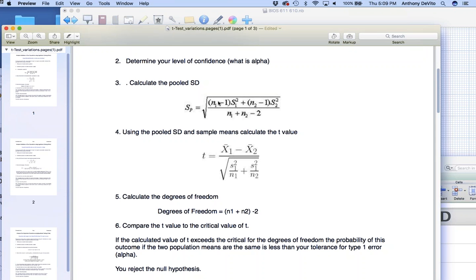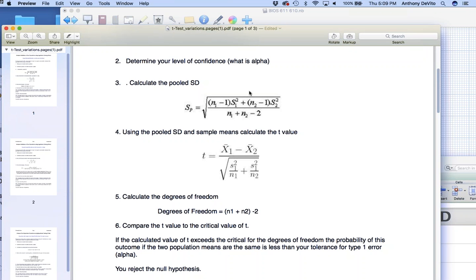We add them together and divide by the sum of the two sample sizes, 77 and 161, which gives us 238, minus 2, which gives us 236. We take that number divided by 236, and then take the square root of that entire mess, and that gives us our pooled standard deviation.